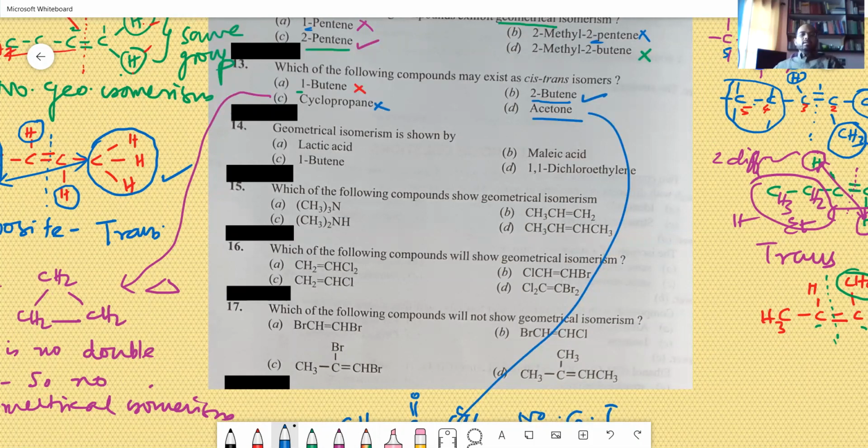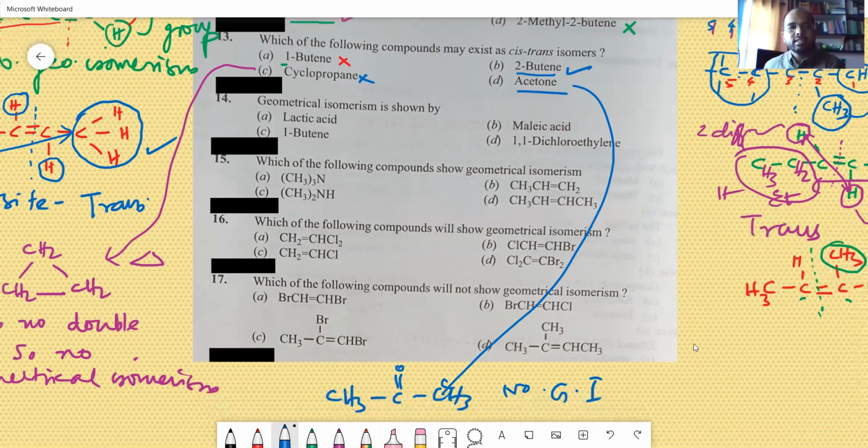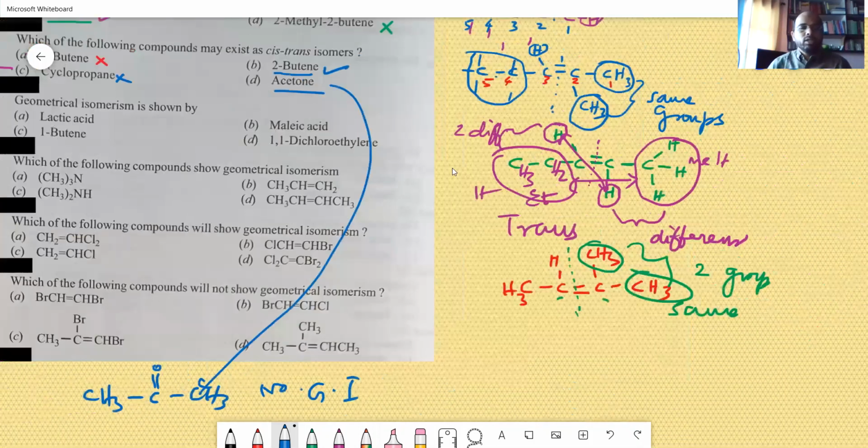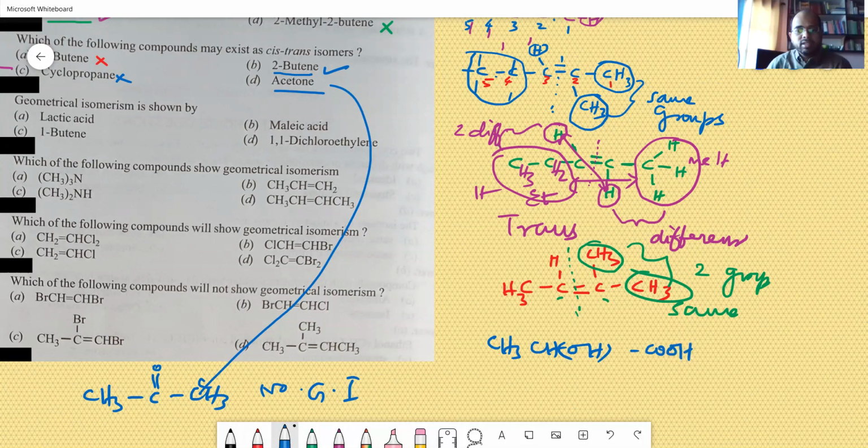And then this is the third example, question number 14. You have got lactic acid, malic acid, 1-butene, and 1,1-dichloroethylene. What is lactic acid? Lactic acid has a general formula of CH3CHOHCOOH. This is a kind of confusing question because this shows optical isomerism.